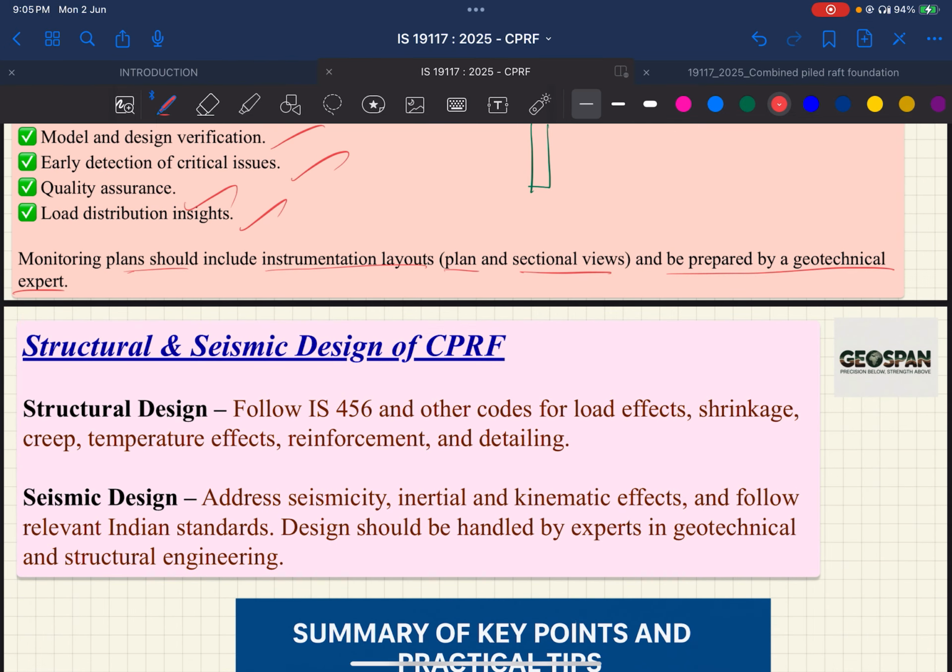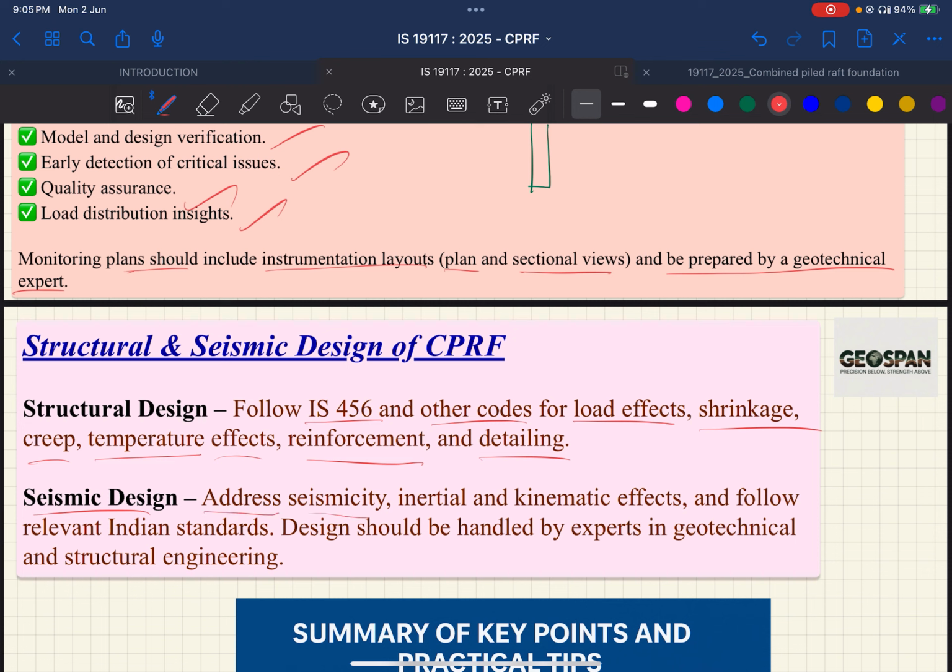The next thing we need to speak about is structural design of CPRF, where the structural design follows IS 456 and other codes for load effects, shrinkage, creep, temperature effects, and reinforcement and detailing. The next thing we need to consider is seismic design.